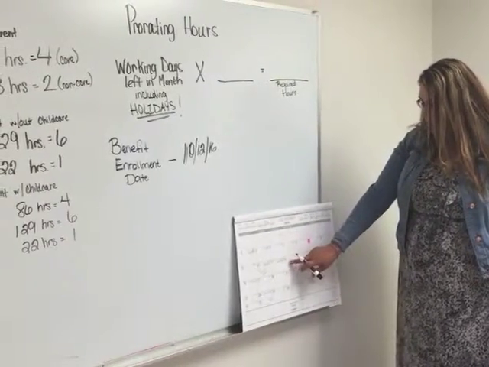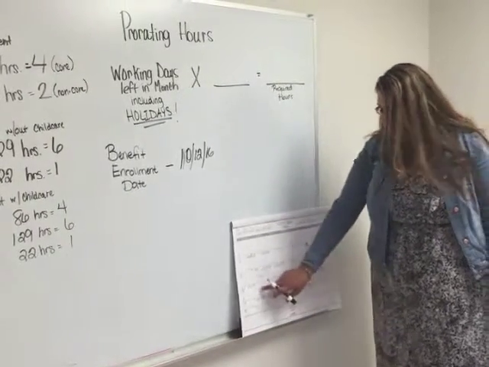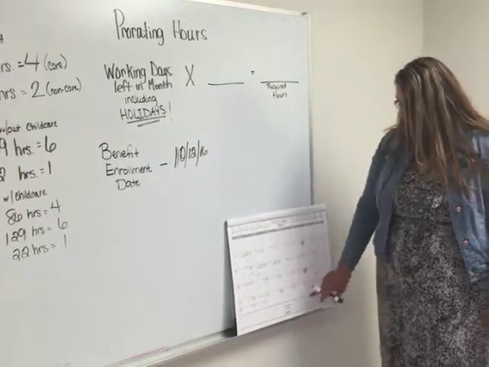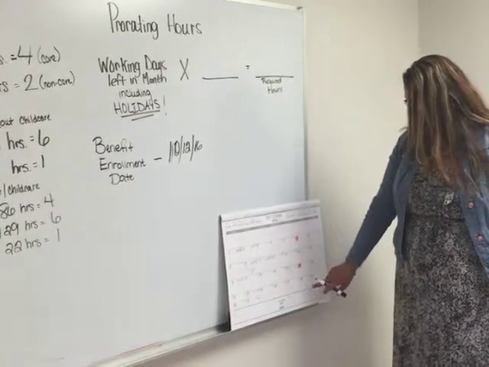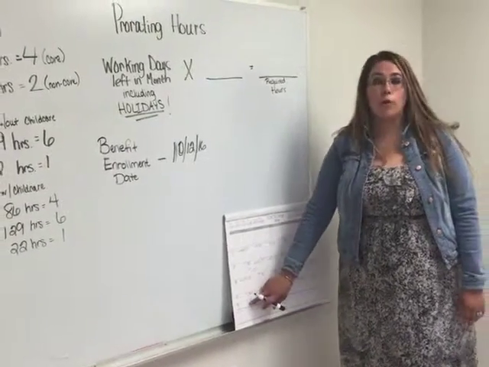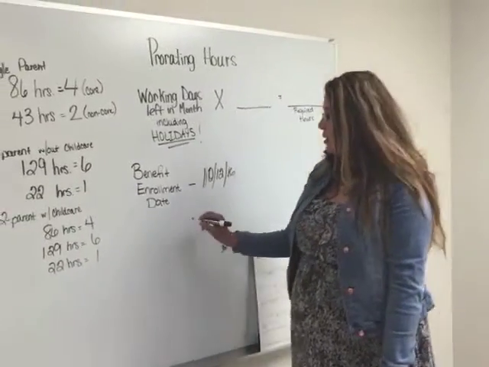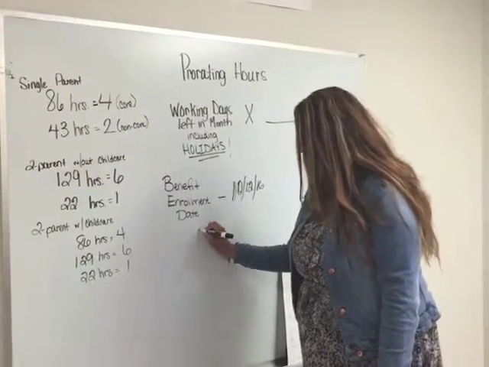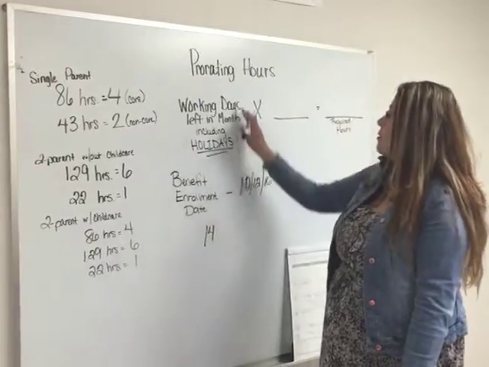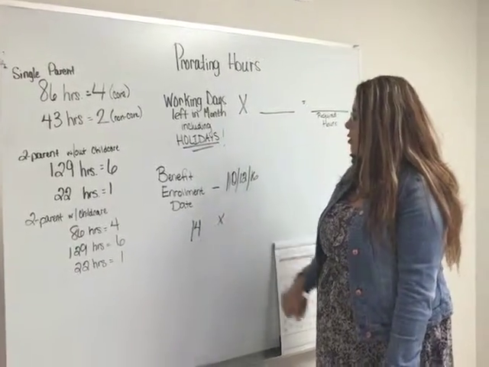And so it's 1, 2, 3, 4, 5, 6, 7, 8, 9, 10, 11, 12, 13, 14. So if we use this, we have 14 working days left in the month.